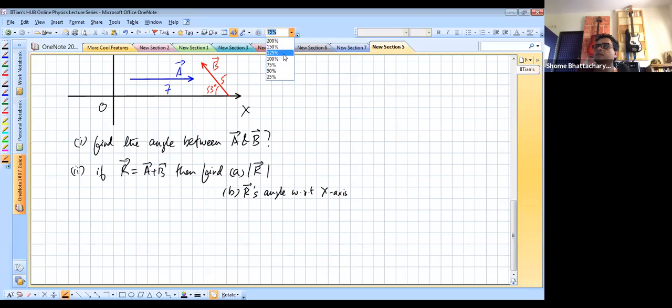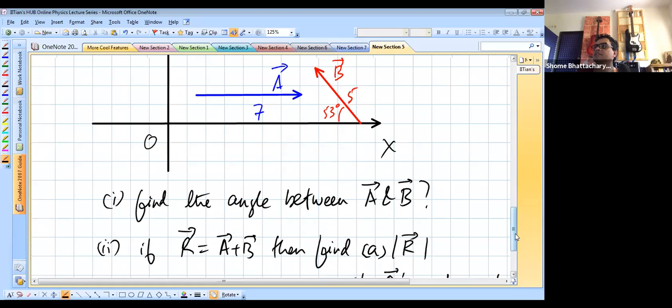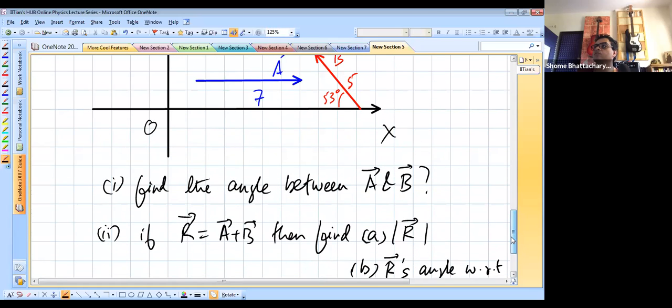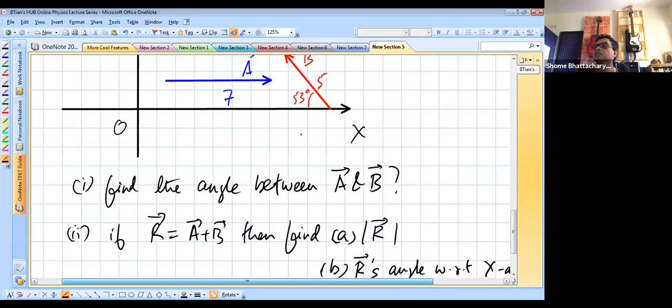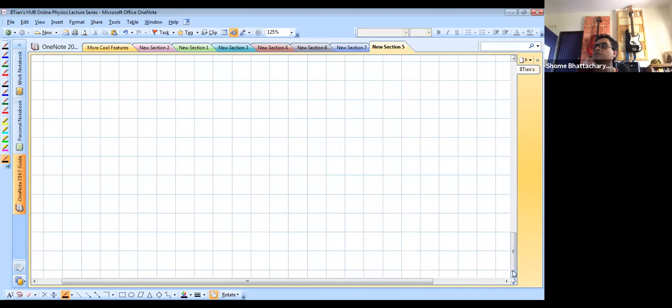Right, so let me help out with the angles. As I said, the vectors are always movable items like this. So you can just pick up this vector A and draw it somewhere else, and in relation to that, draw the vector B. So if I just readjust how I've made the diagram here, you will realize that the vector A and the vector B have this kind of a relationship between them.